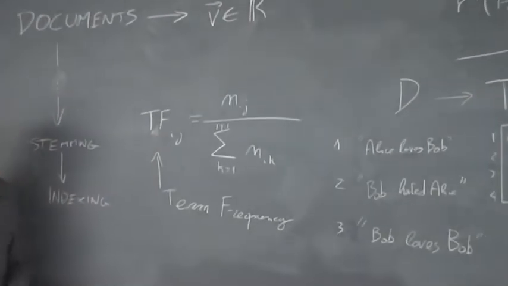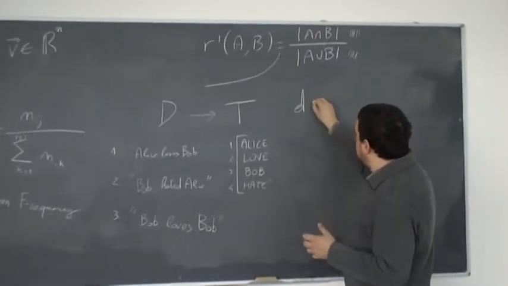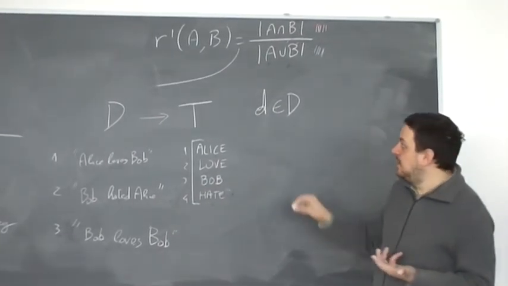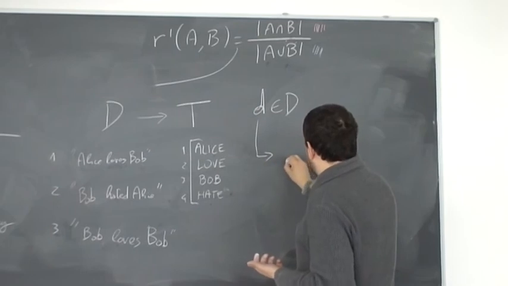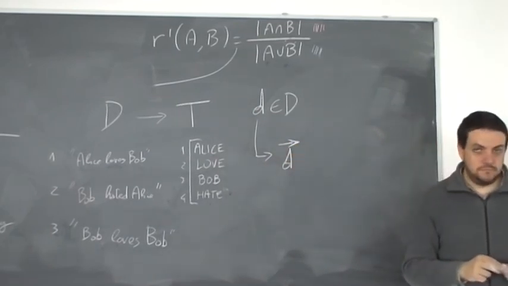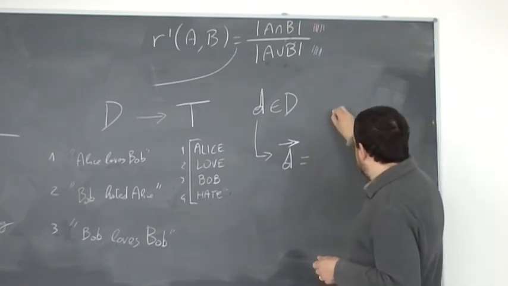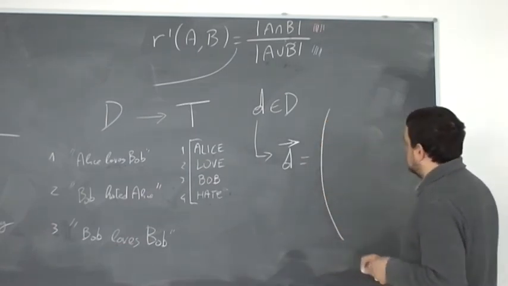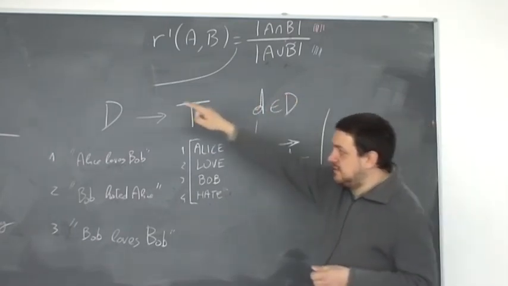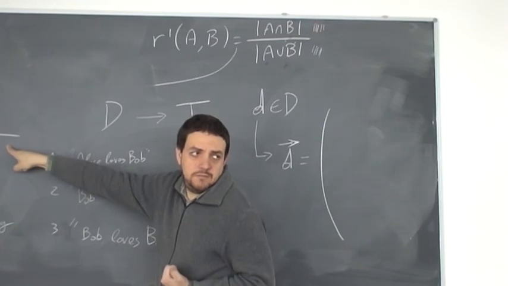This is TF. A document d in our set of documents becomes a vector where each element of the vector is a term frequency.